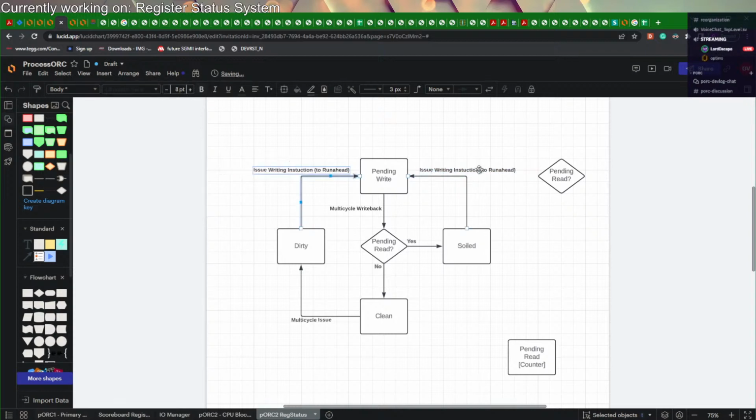So regardless of what happens, if you're issuing an instruction to run ahead... Okay, so then I think the only other transition we have is to here, which would be this condition.